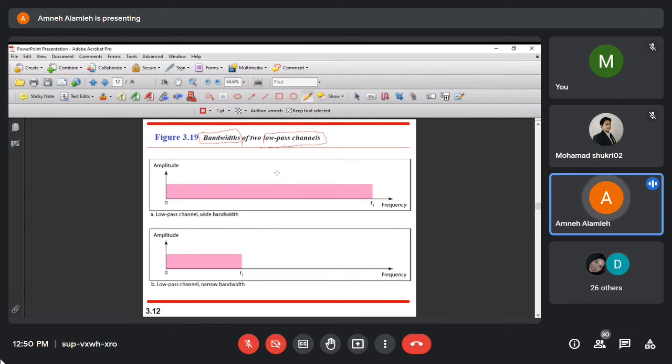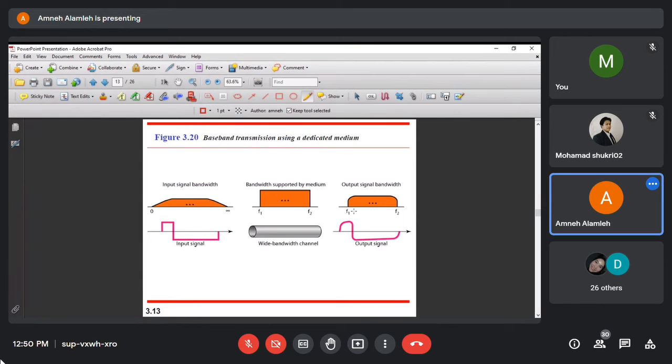This is a wide bandwidth low-pass channel, and this is a low-pass channel with narrow bandwidth. Narrow bandwidth means low frequency. Wide bandwidth means high frequency. Baseband transmission uses a dedicated medium.